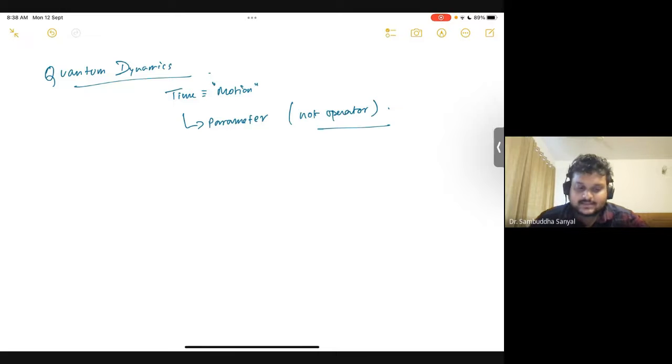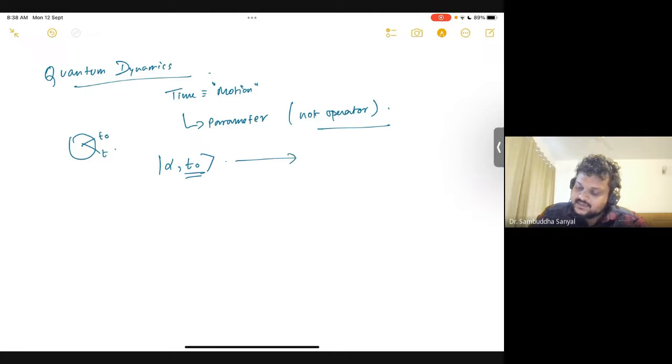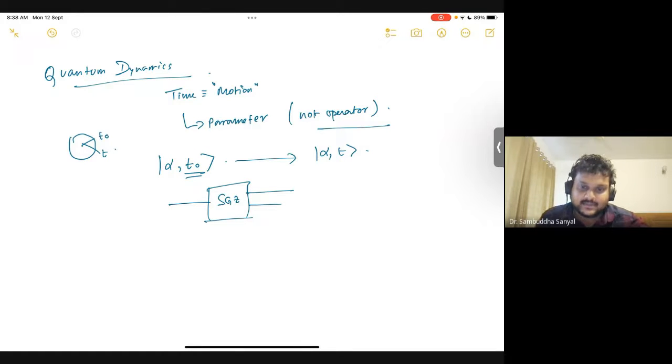And we will ask: if I am given a state at a particular parameter value t0, and this external clock moves from t0 to t, then how does the state move without any measurement? And you can think this is a natural question. For example, if I have this Stern-Gerlach device, SZ, when a beam passes through that, it involves a measurement, and that requires a Hermitian operator.